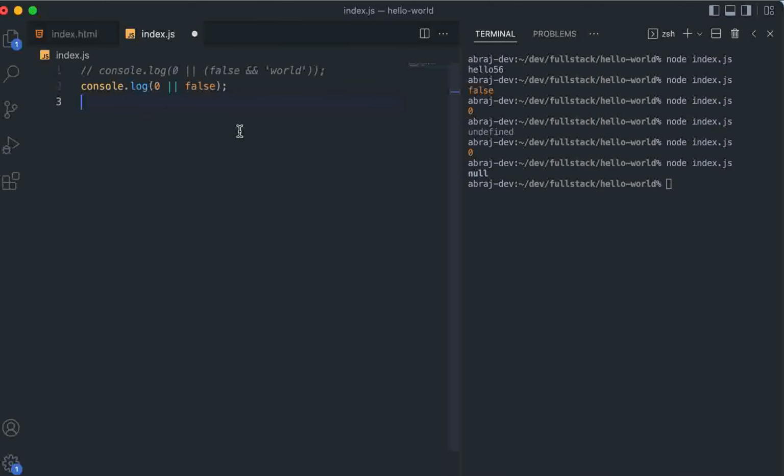Now you see that 0 is falsy, right? If it would have been truthy, then I would have got this answer only. But since it is falsy, I am going ahead towards the next one. And if you reach the last value, then no matter what it is, that value will be printed. So you see that here it is false.